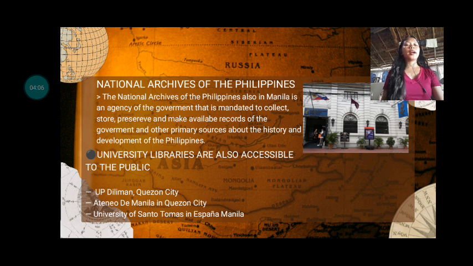So, the National Archives of the Philippines has a record of unique and original documents that are irreplaceable. Which means irreplaceable, hindi na siya pwedeng palitan. Like, hindi siya pwedeng masira because it is the only copy that they have. So, it's very important and secure.